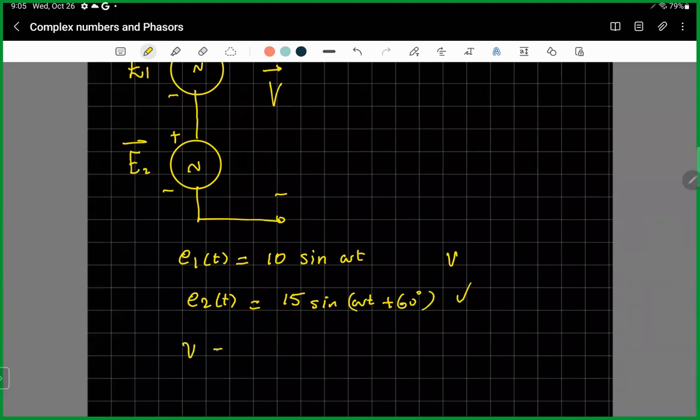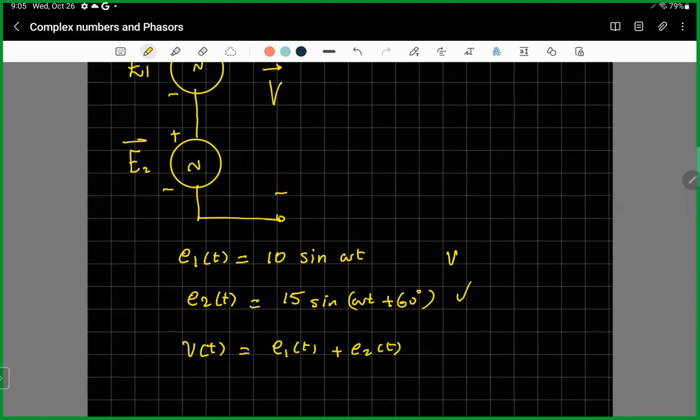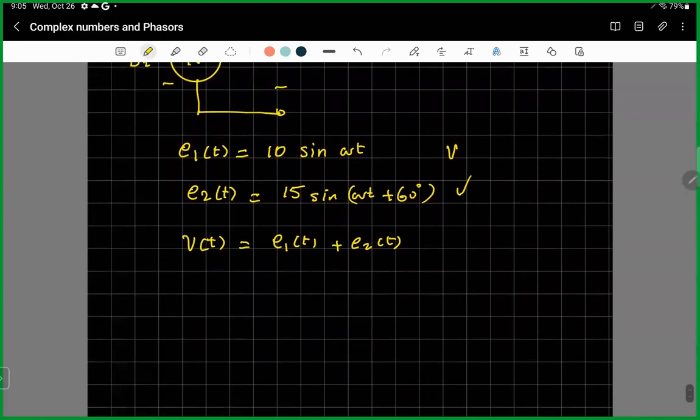You are connecting them in series. So the total voltage, in time, in continuous values, will be E1 of t plus E2 of t. I'm not going to do it, but I would write 10 sine omega t plus 15 sine omega t plus 60.